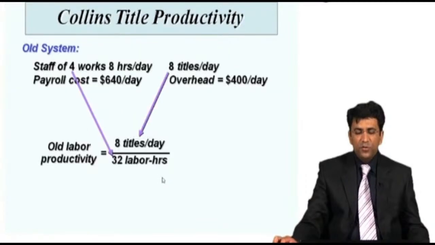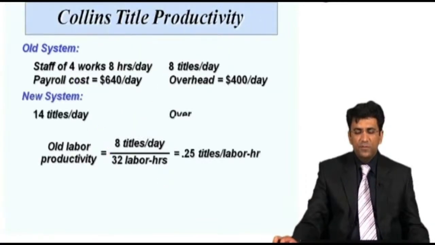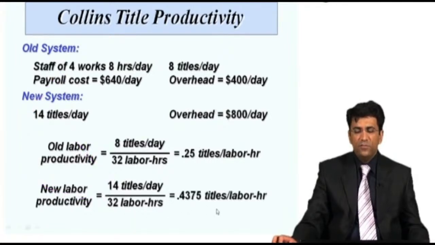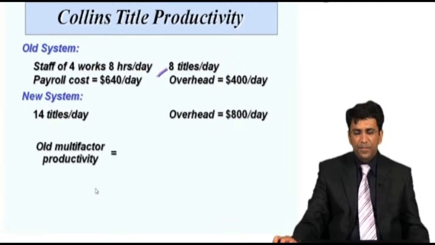So our productivity with the new system will be 14 titles per day divided by 32 labor hours, and it will be equal to 0.4375 titles per labor hour. So this is our new productivity. So students, in this way we can calculate the productivity with the old system as well as the productivity with the new system.